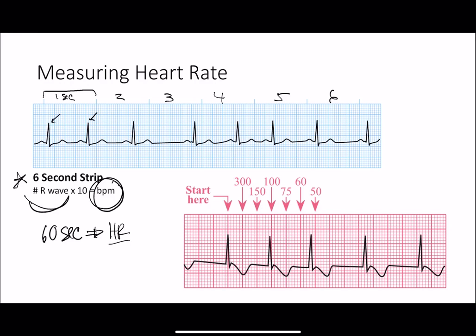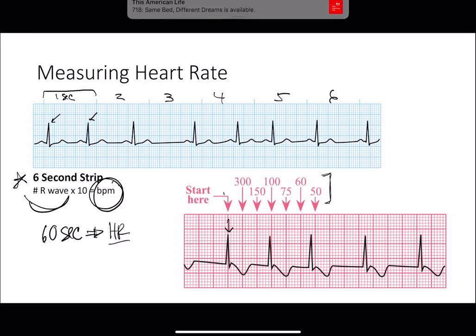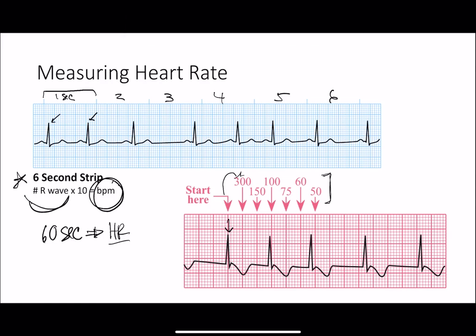Pretty handy. The other way is a math shortcut. Starting with an R wave, how many boxes does it take until you get to your next R wave? If you get another R wave one big box over, your heart rate is 300 beats per minute.